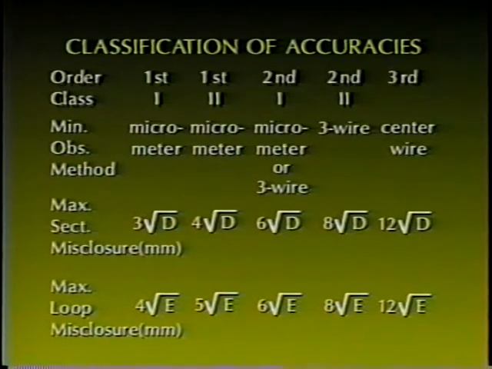For example, the requirements for a second order Class 2 level run are a minimum of 3 wire levels with a closing error no greater than 8 times the square root of D millimeters. D equals the shortest length of a section one way in 3 wire level runs in kilometers. And remember, a kilometer is 3,280.83 feet, and there are 304.80 millimeters per foot.